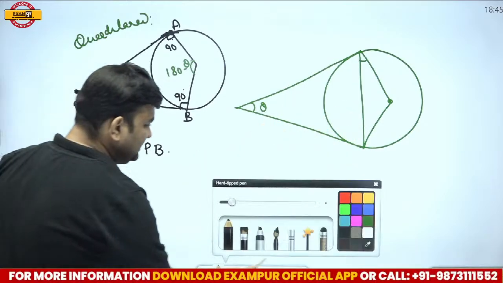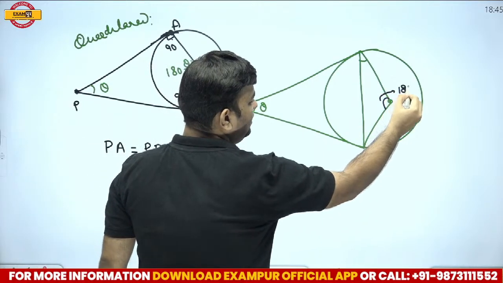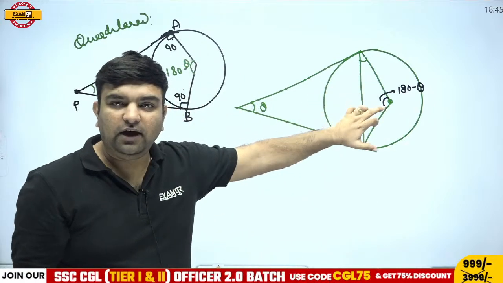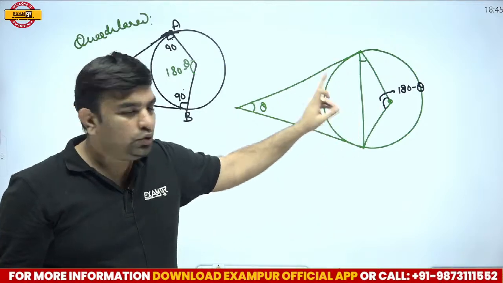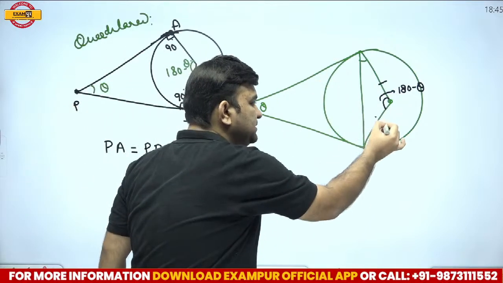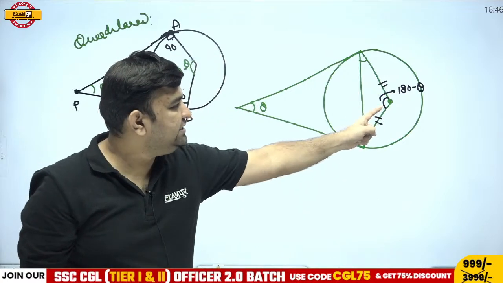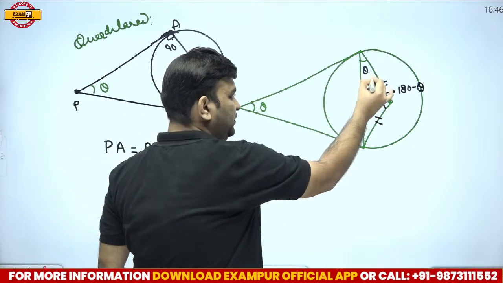Since this is 180 minus theta, the remaining is theta after this angle. Divide it into two equal parts because both are radius. So if this is 180 minus theta, divide the remaining theta into two equal parts, theta by 2, theta by 2.